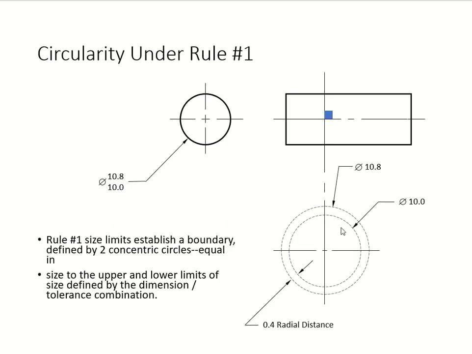So here we go, and we're going to have concentric circles showing 10.8 the upper and 10 the lower, and that's your 0.4 radial distance. Radial means coming out from this center point. So Rule One is going to limit us, with the boundary defined by these two concentric circles.